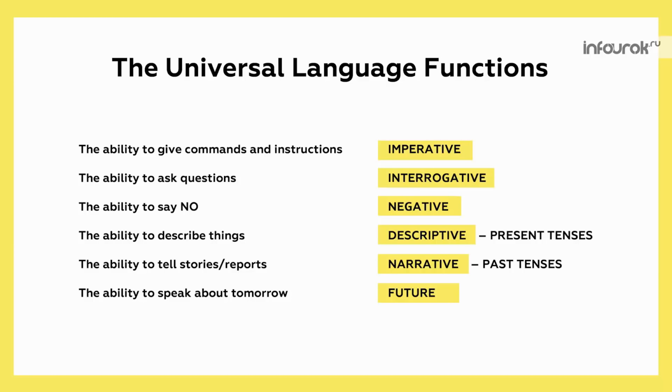This is called the descriptive function, and this brings into play the present tenses of English. Then there is the ability to tell stories, to narrate reports, and this is called the narrative function, which brings into play the past tenses of English. Finally, we need to talk about tomorrow, about the future, and this brings in the future function, okay?